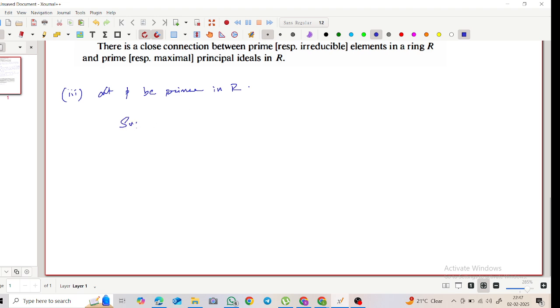So suppose R divides P, which implies P is prime in R. Suppose P divides R. So I will have to show that P is irreducible, right?